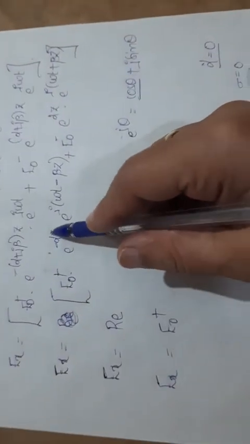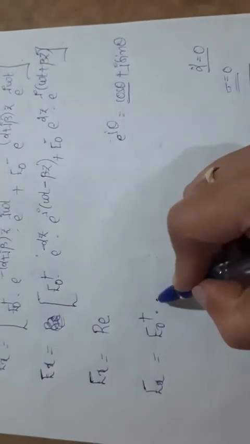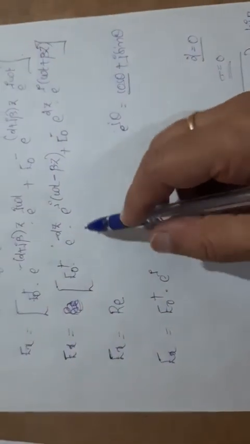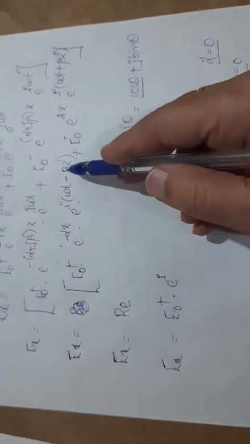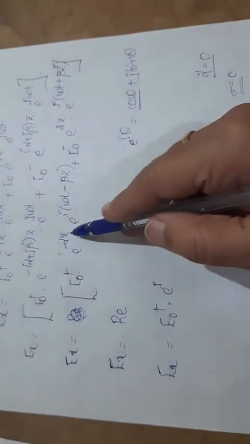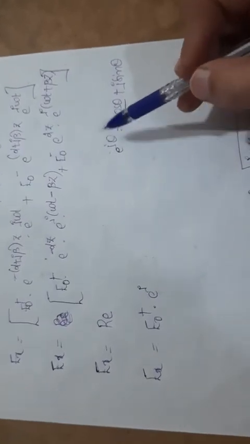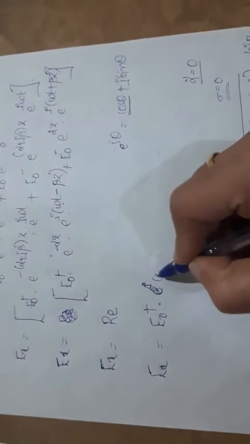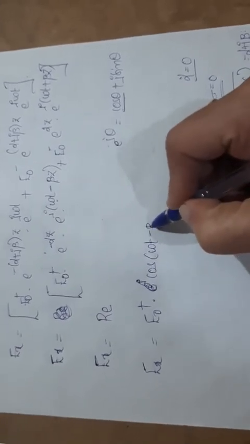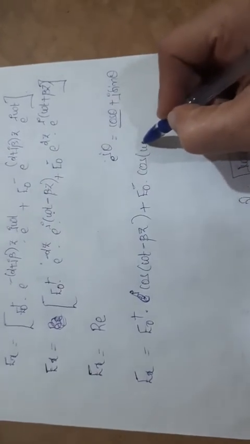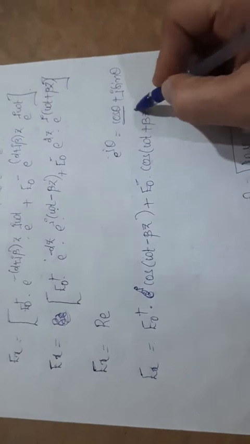Alpha is 0. As alpha is 0, e power this term will become 1 into e power j omega t. So only the e power j omega t minus beta z term will remain. So I am writing only the real part. Instead of theta I have omega t minus beta z. So this is E naught plus cos of omega t minus beta z plus E naught minus into cos of omega t plus beta z.